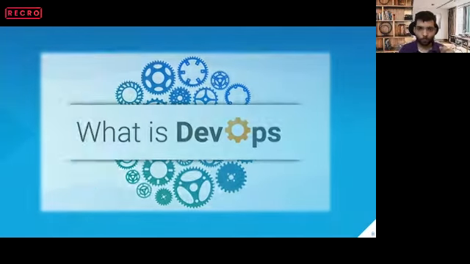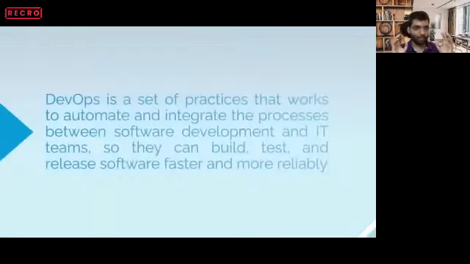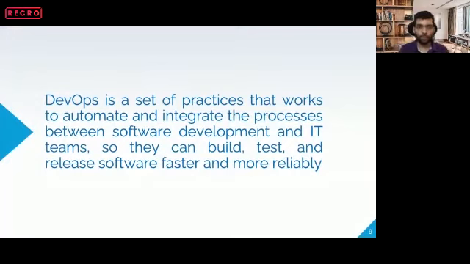So in principle, the definition of DevOps says that DevOps is just a set of practices that work to automate and integrate the processes between software development and IT teams so that they can build, test, and release software faster and more reliably. Now, that may look like a bunch of text on that slide, and if it throws you off, do not worry, I have you covered.